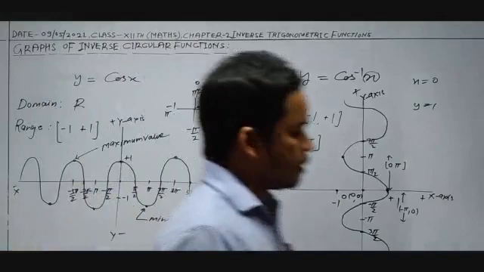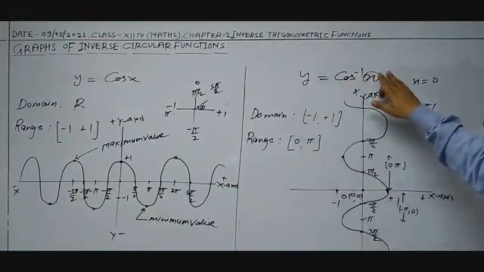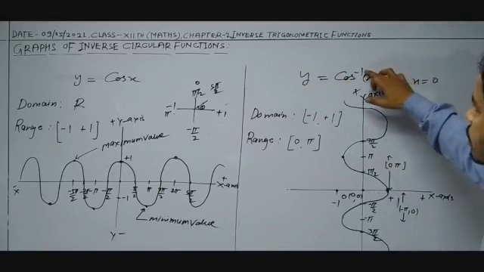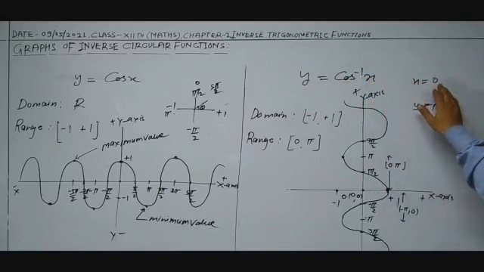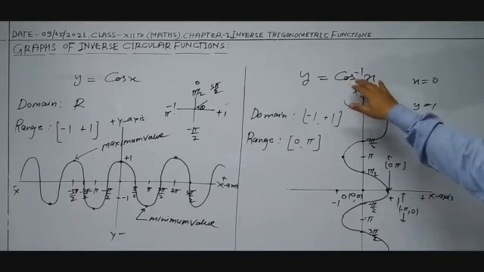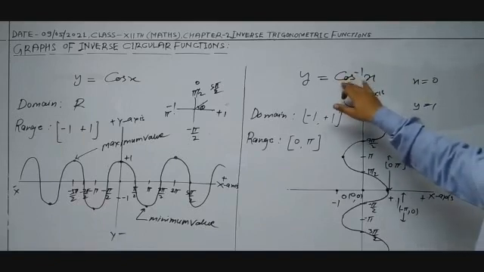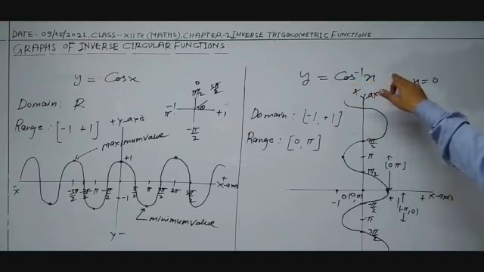So students, again see, I am repeating, y is equal to cos inverse x. When you set x equal to 0, in cos inverse 0, we get pi by 2, so at 0 the result is pi by 2.